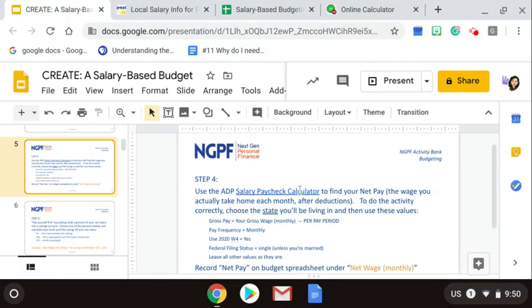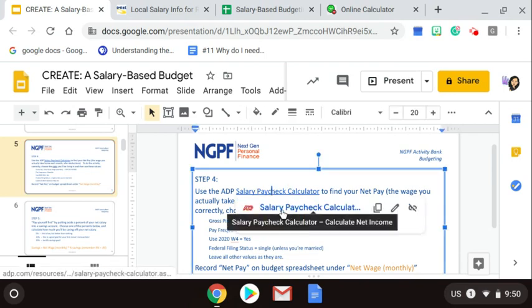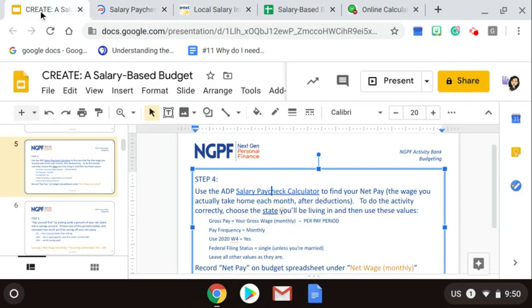You click on this link and it's going to give you your gross and your net, and it tells you how much you get paid per month. You're going to put monthly, put yes for the W4, and you could put single, or if you want, married. Then you just leave the values as they are.